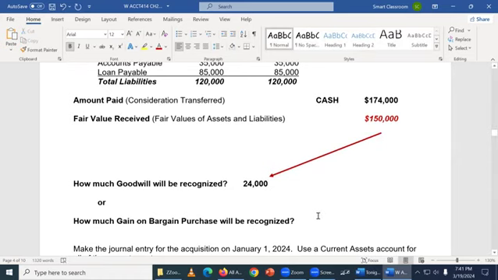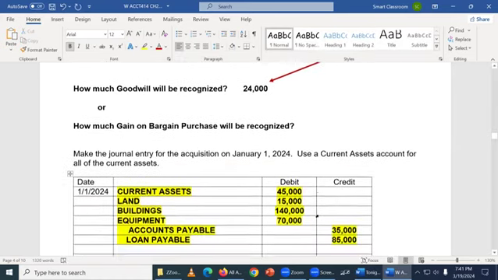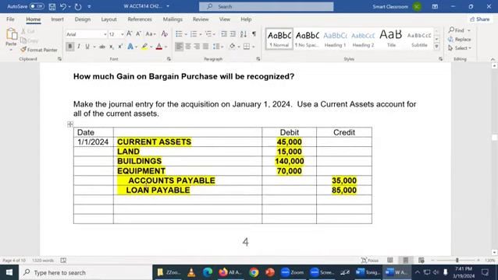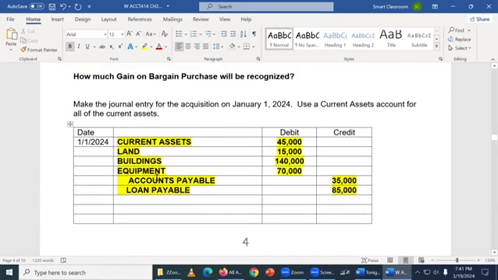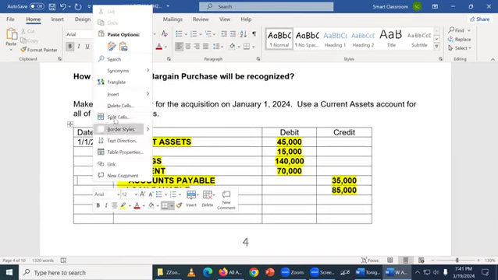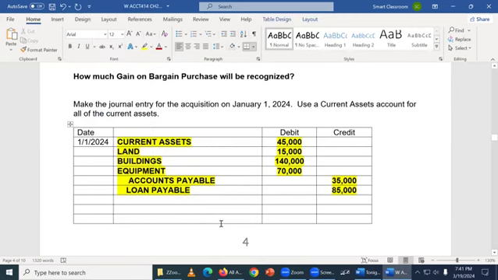Okay, so here's how this is going to change down here. We're going to put goodwill on the books. The books tell you that debits go first and credits go second, though that's not always the case.